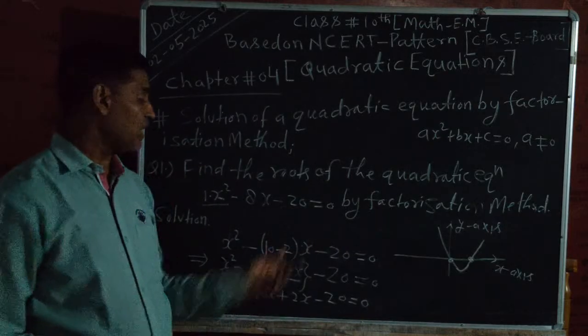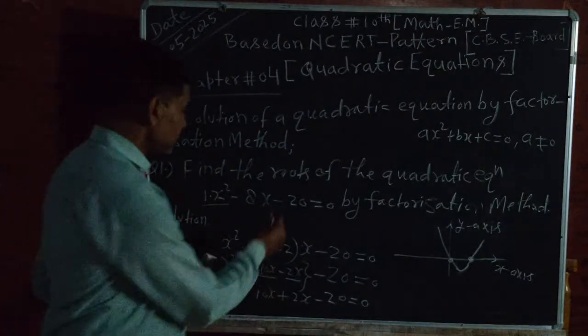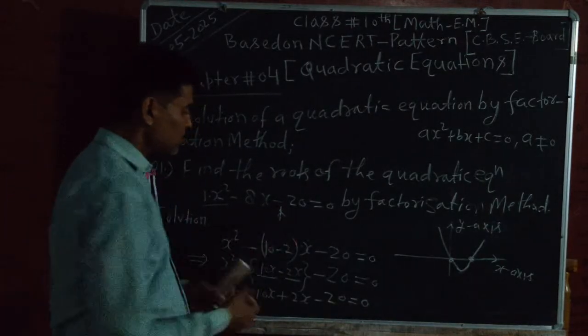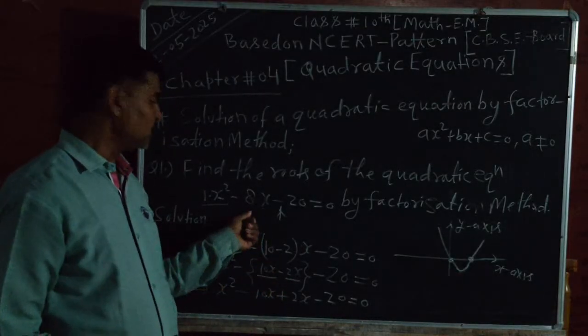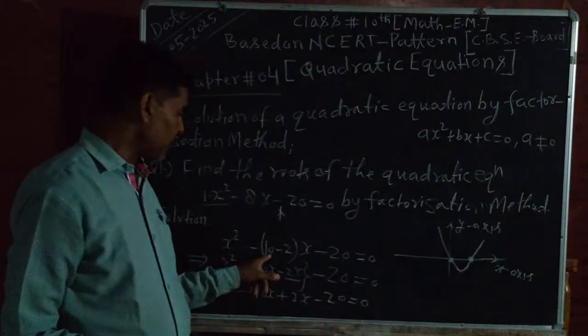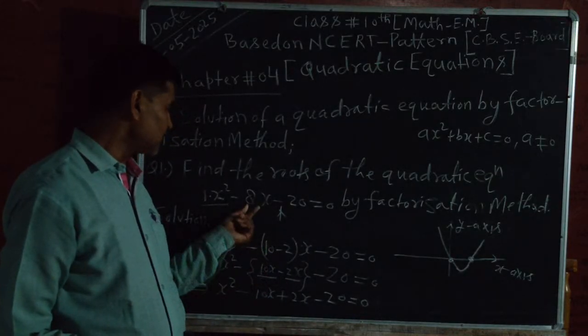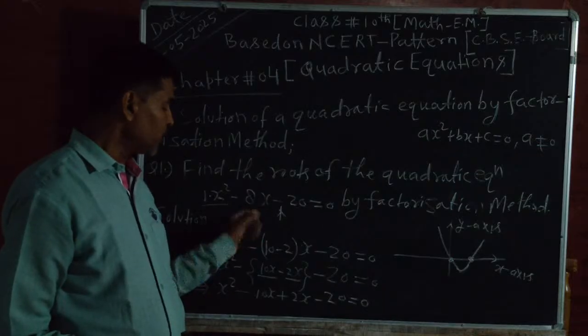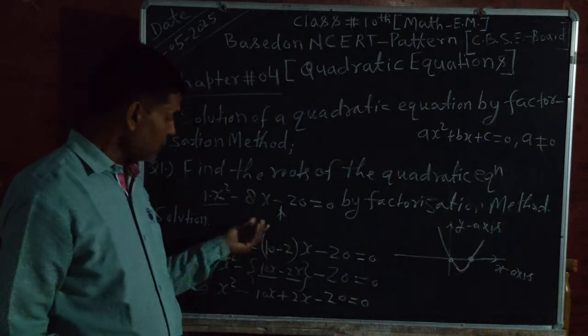So I will divide 20 into two parts, so that here minus sign is available, so from one term I will subtract the other term, so that will be the coefficient of x. So here I will subtract from 10, that will be 8. Here minus is available, that is the coefficient of x is 8. So according to this way I have arranged this.